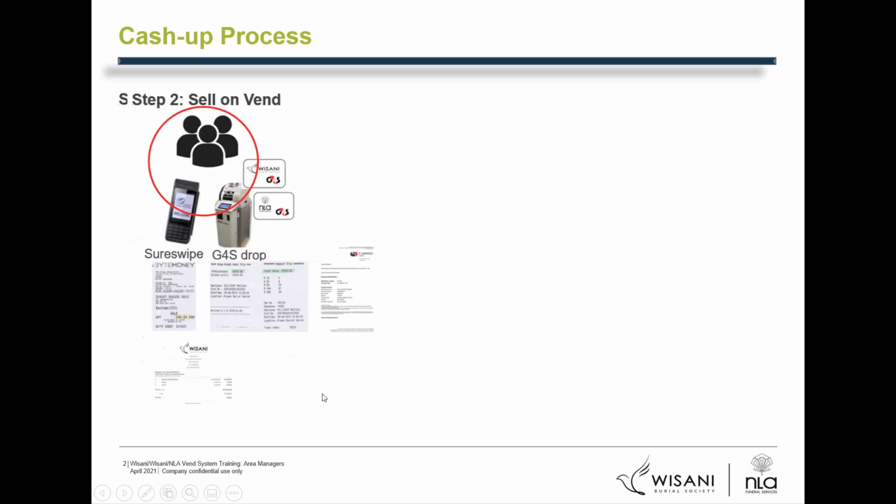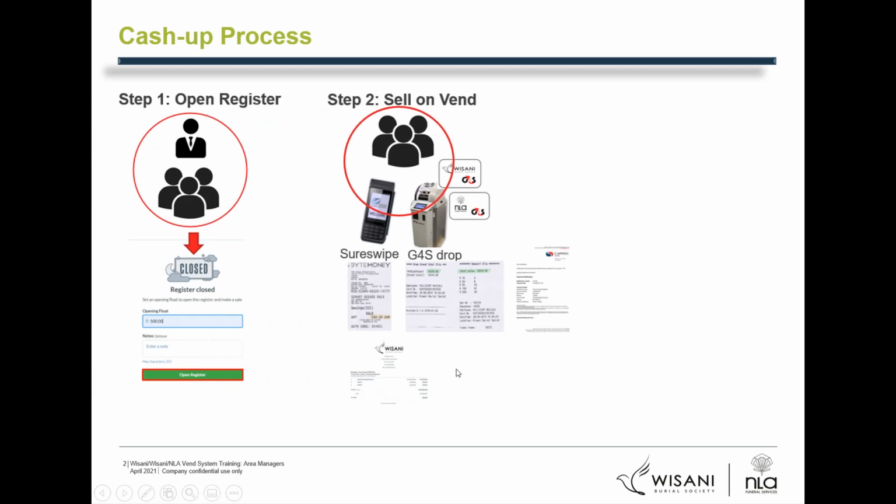The second step is then where all the funeral arrangement officers and the customer services clerks will be performing their sales on the Vent system. Now this will involve various methods of payment, as I've explained in the previous videos.